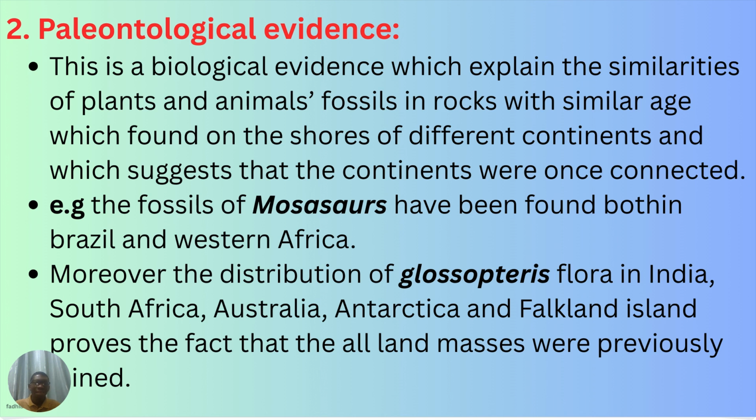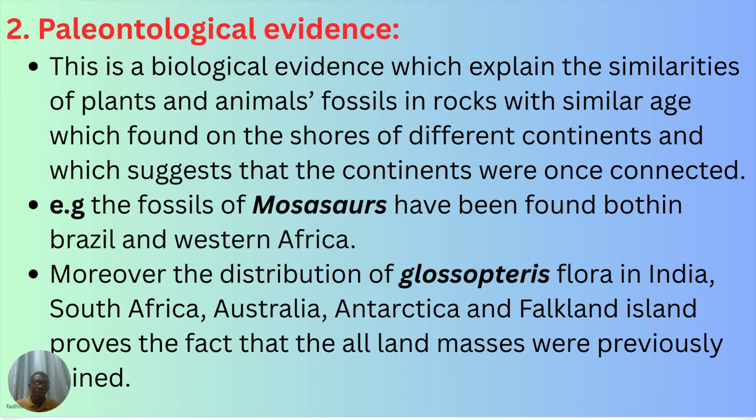This is biological evidence which explains the similarities of plant and animal fossils in rocks of a similar age, found on the shores of the different continents, which suggests that the continents were once connected. Paleontological evidence is based on the remains of plants and animals which are similar in terms of their age, from the different shores of the continents.